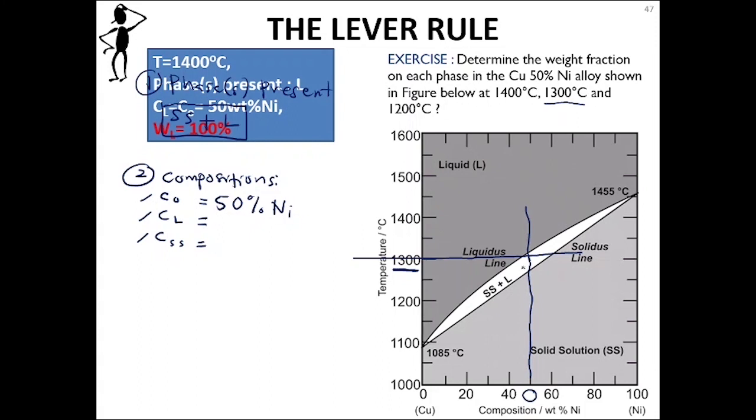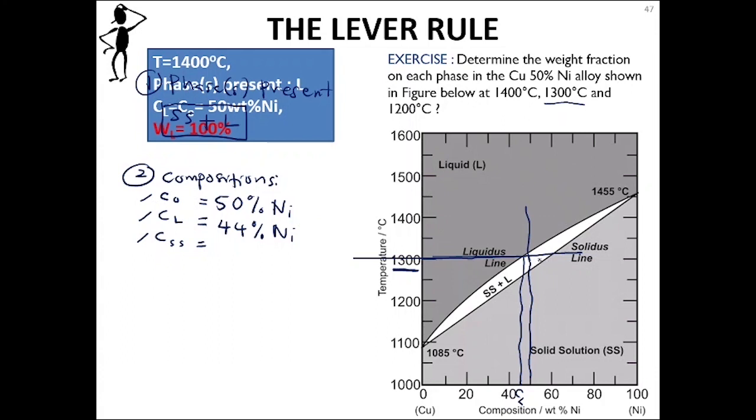To find the composition of the liquid, we need to draw a straight line from the intersection until it meets the liquidus line over here. And then we draw the straight line from the liquidus line until we get a value over here. So the value that we get is around 44% of nickel.